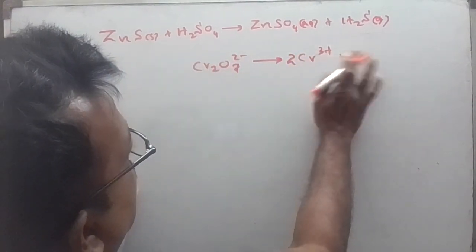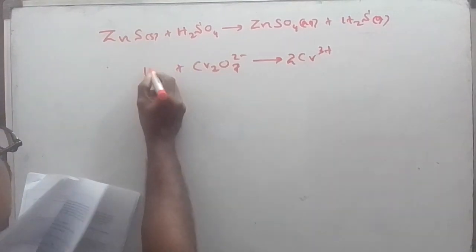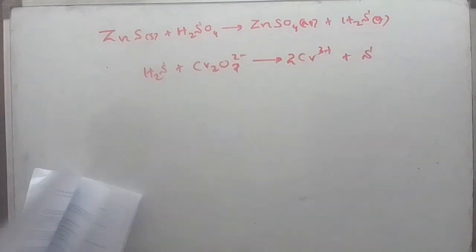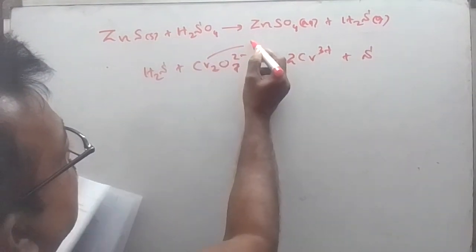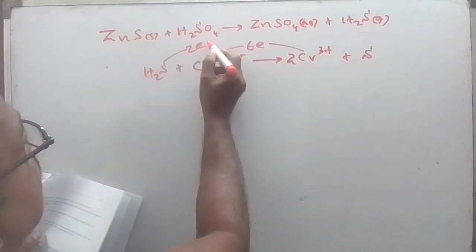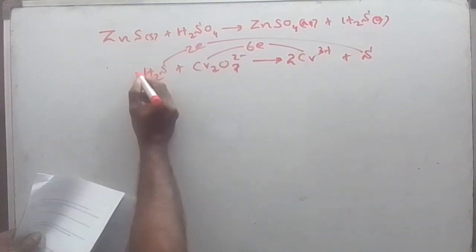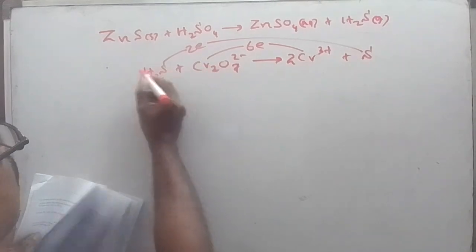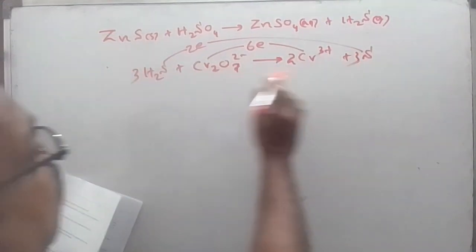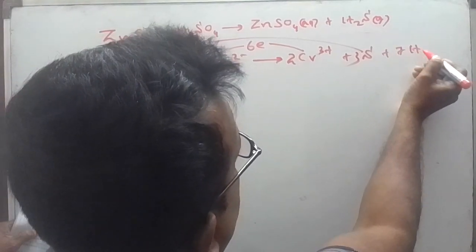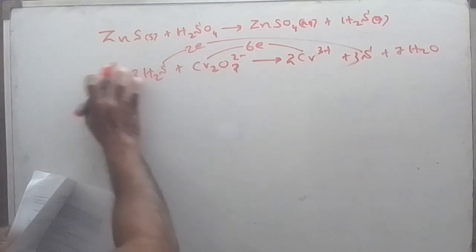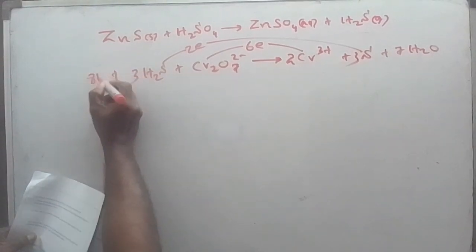H2S goes to sulfur. The difference is 6 electrons, 2 electrons, so multiply this with 3. So 7 oxygen, 7 H2O, then 14 H plus. You have 6 H plus here, so you can put 8 H plus.